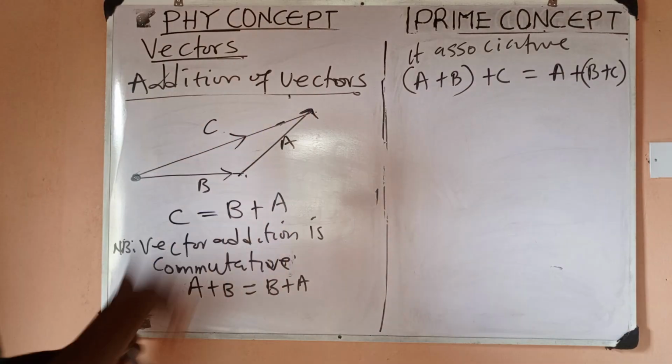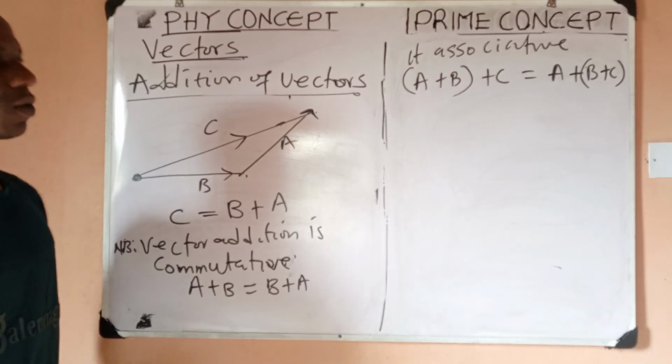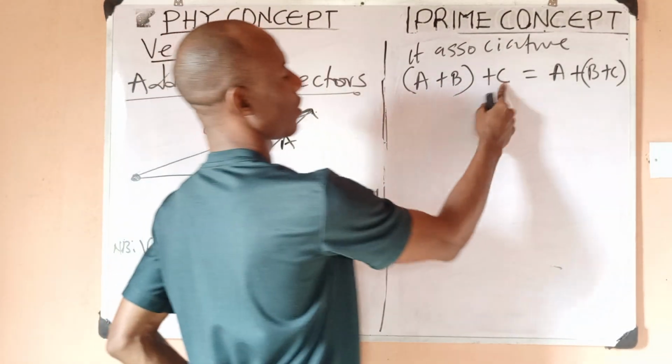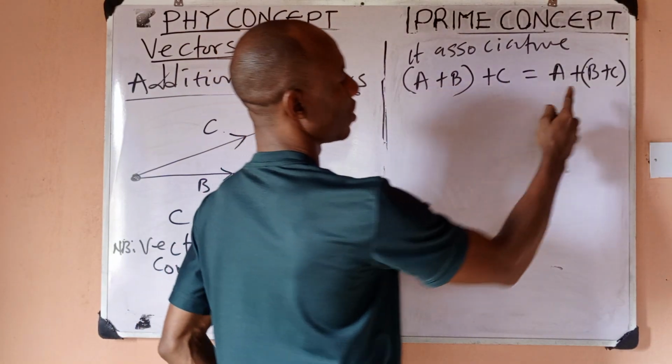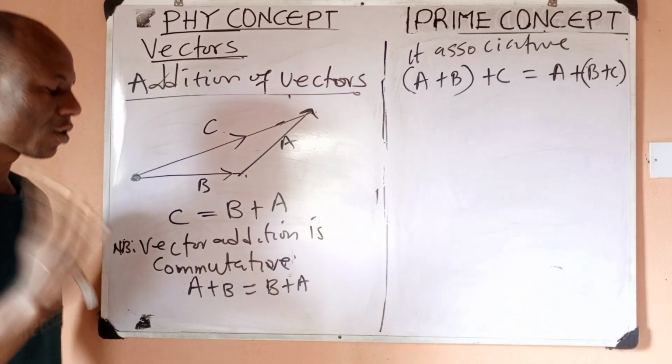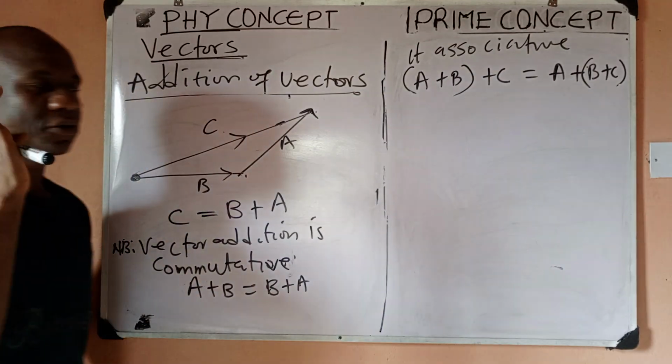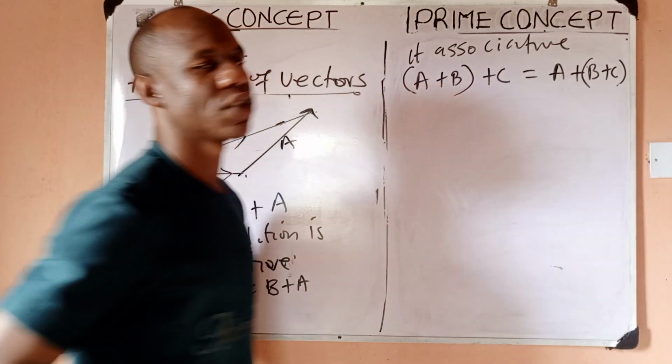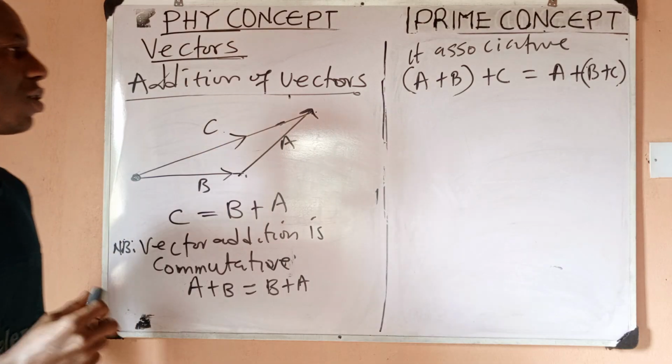You can still mix them differently. What it means is that if you add this first before adding to this, it gives you the same result as adding this first before adding to this, and so on. So vector addition is commutative, and vector addition is associative. This is one thing you should know.